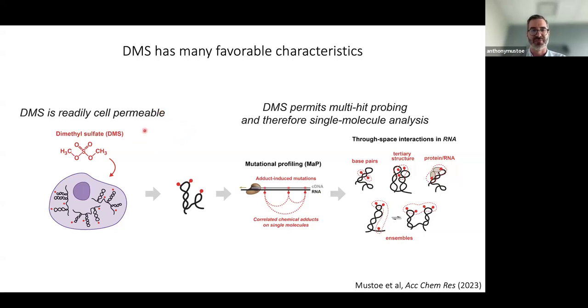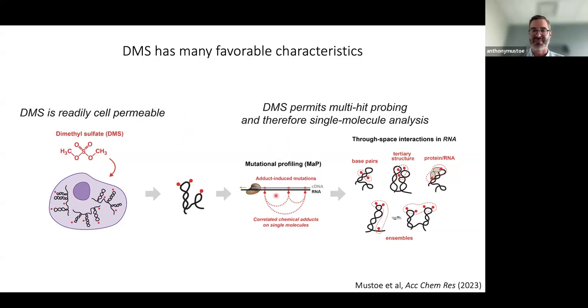I'm not going to go into all of them, but I'll just note two right here. It's readily cell permeable. SHAPE reagents also can get into cells, but it's really easy with DMS. But I think the most important reason why we like DMS is that it allows us to get very high, if we want, high levels of modification on individual molecules.